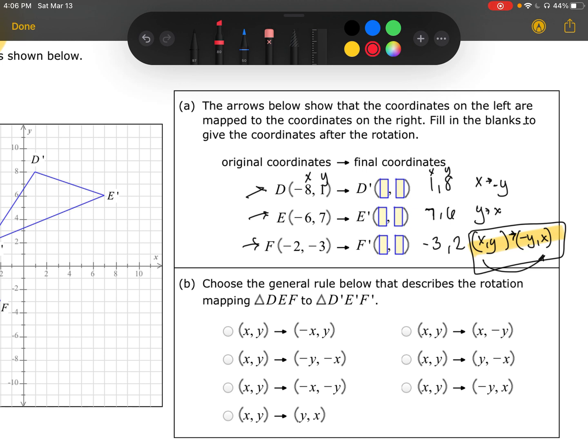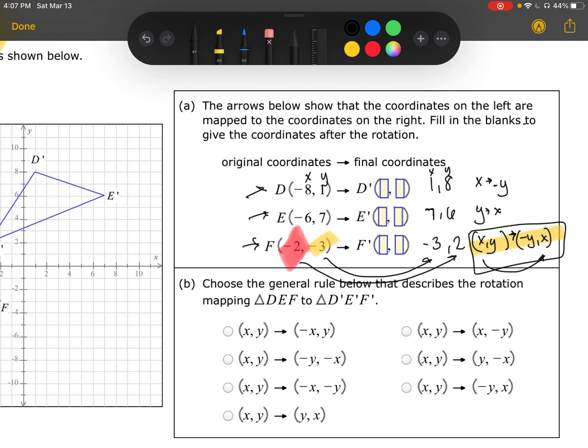So I have negative 2 right there, and according to the rule I wrote out, it should move to the Y value place. So my X should go to the Y value and be the opposite, the negative version of that. So negative negative 2 is now positive. And then my Y value is just going to move, with no change in sign, to the X value place.